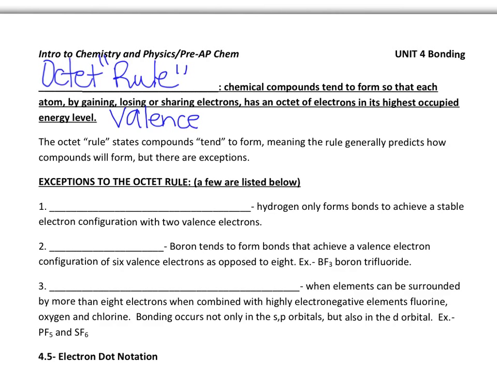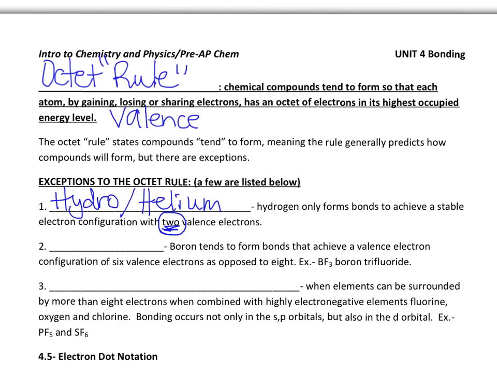Okay, so the first one is the hydrogen-helium exception. That one is pretty self-explanatory, and I bet you could figure it out on your own, but that's because they only have 2 total electrons even possible. They're only going to at maximum have 2 valence electrons, so they are not going to follow the octet rule for 8. It's just not going to be possible.